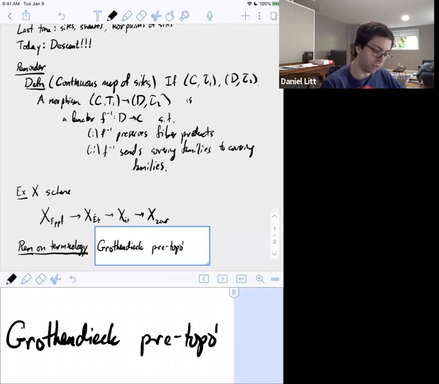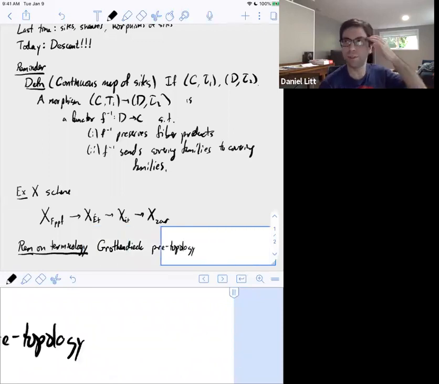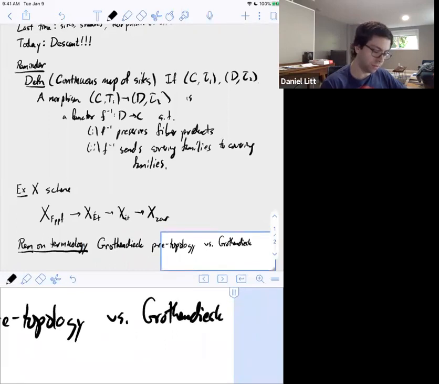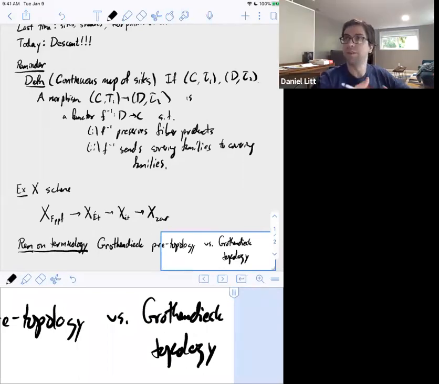Sometimes you'll see a definition of a Grothendieck topology using objects called sieves, and there's some benefit to doing that: in our definition of a Grothendieck topology, we assume the existence of certain fiber products, and strictly speaking, you don't have to assume that. If you use this fancier definition, I just find it difficult to work with, and this will suffice for all the kinds of sites that we're working with.